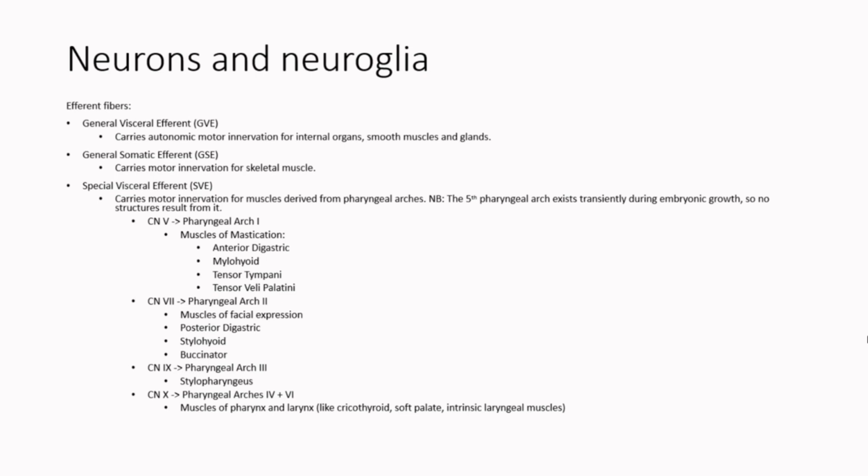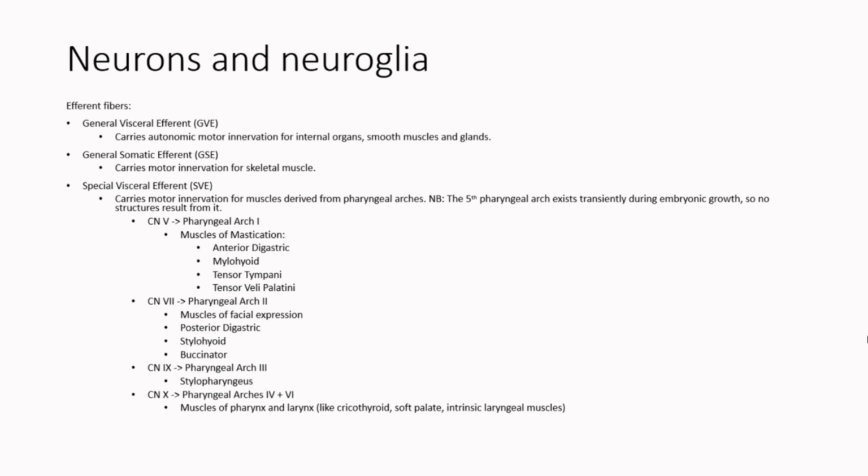So the trigeminal nerve carries muscles derived from the first pharyngeal arch. We have the muscles of mastication. Here we have the anterior digastric, the tensors, and then we have the cranial nerve, nervus facialis, which carries signals from pharyngeal arch 2.